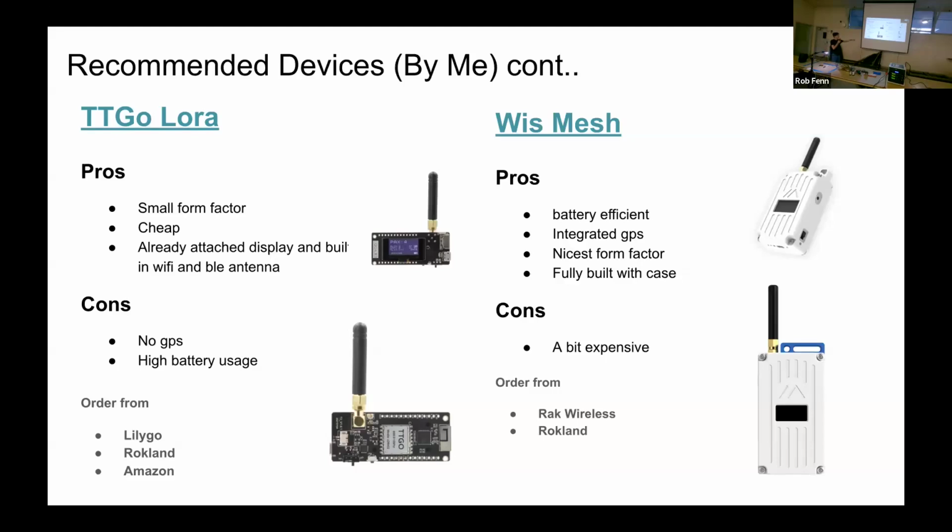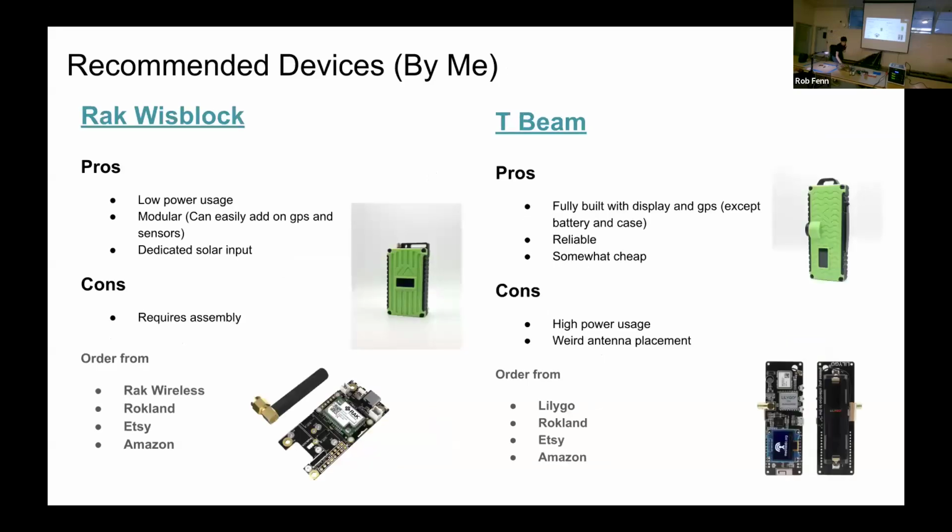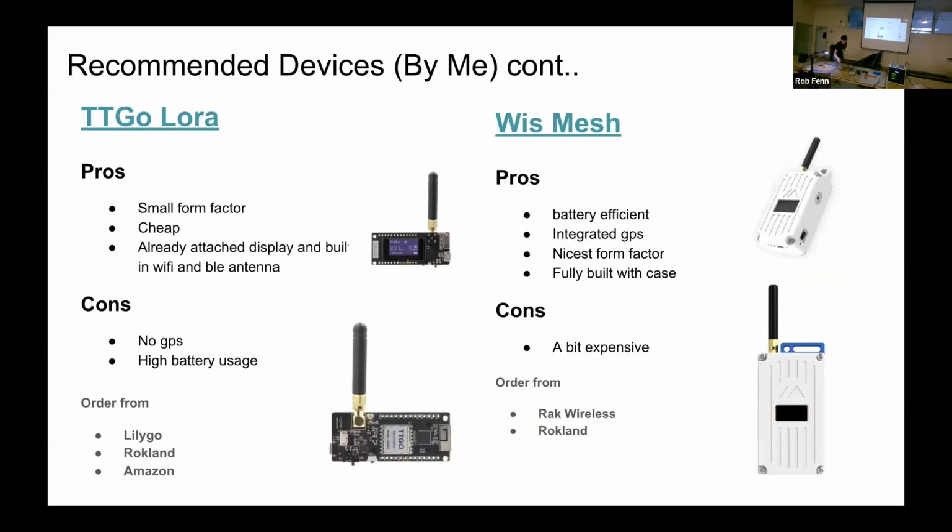WisMesh is the newest item on this list. If you want something high quality, fully built out, that you don't have to tinker with, and you're willing to spend some money, this is the way I would go. They sell this WisMesh, and it has the WisBlock in it, which is why it shares the name.